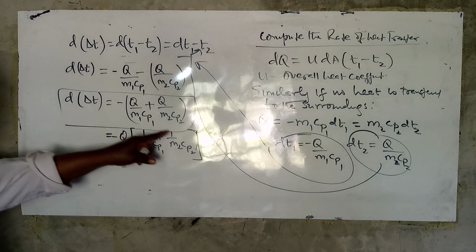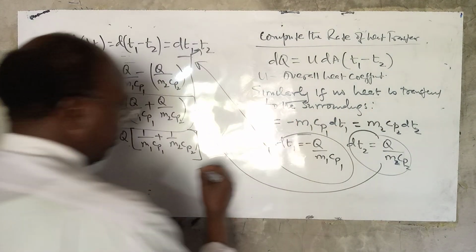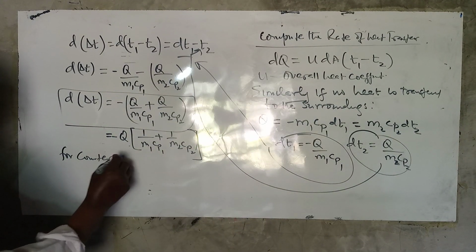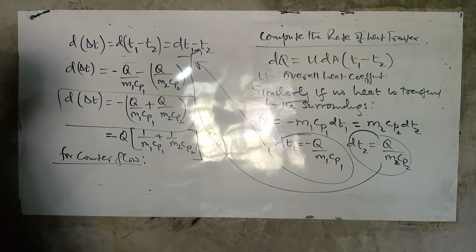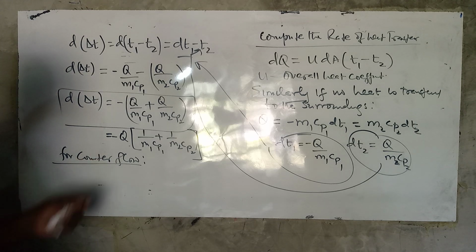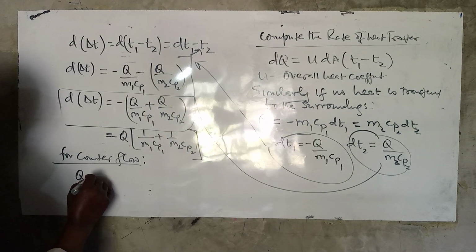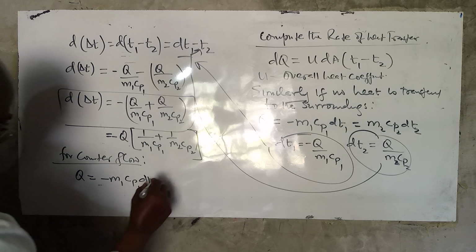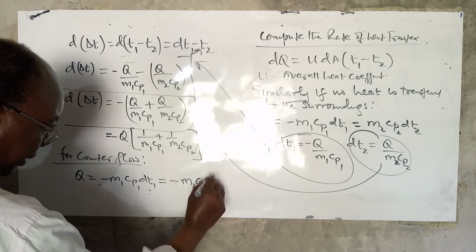Because in the case of counterflow, in the heat exchanger where we have the counterflow, the situation is Q now will be minus M1 CP1 dT1, and that must be equal to minus M2 CP2 dT2.